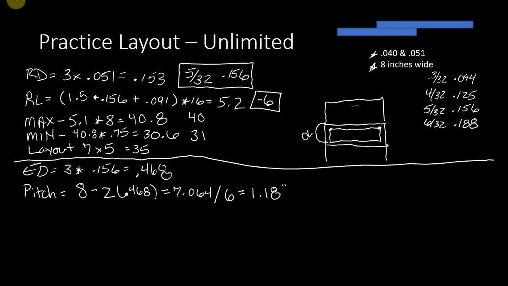So from that first rivet, the next rivet is going to be 1.18, and then the next one is 1.18, and the next one, and the next one. And that's how you get your pitch. So you should end up with 7 of them going across, edge distance from the edge, and 1.18 in between each rivet.